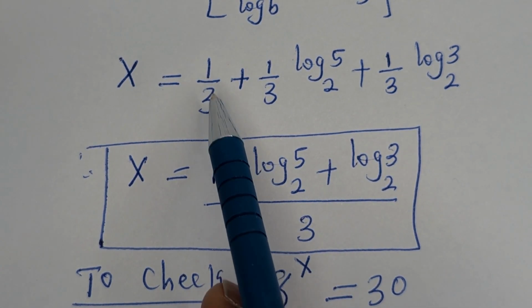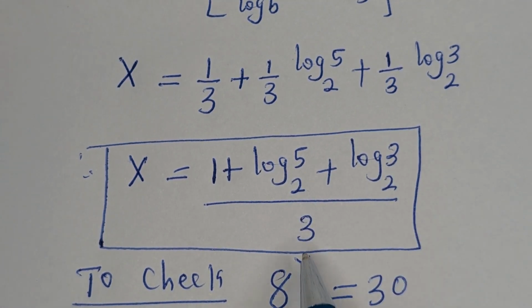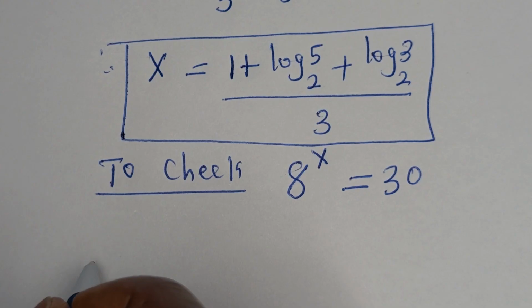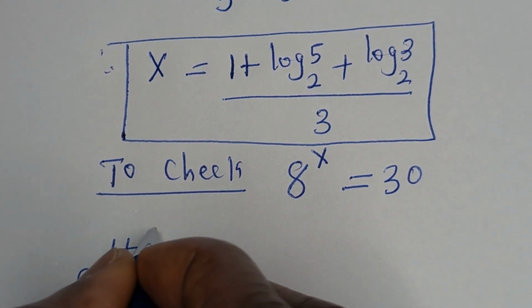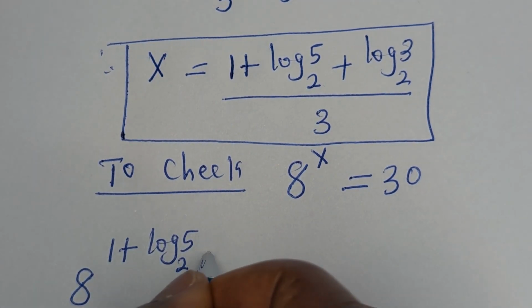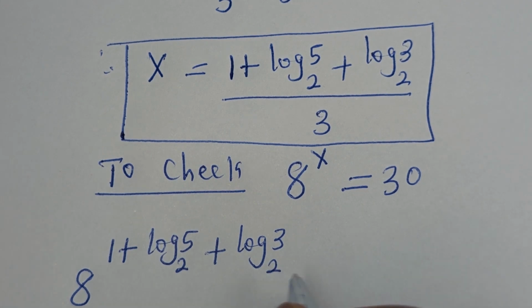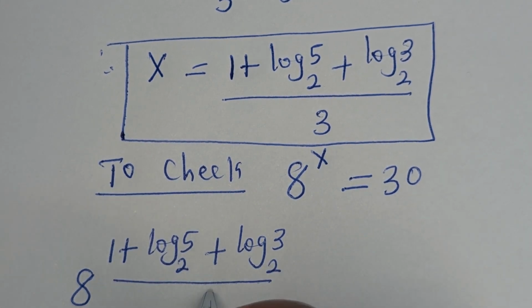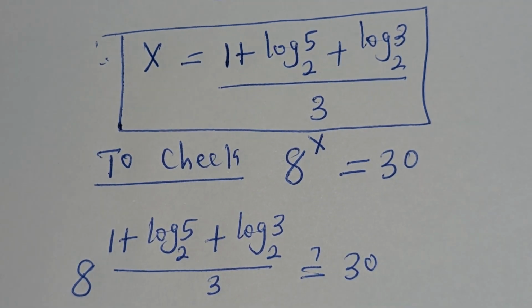Then when s is 1 plus log 5 base 2 plus log 3 base 2 over 3, here we have 8 raised to power 1 plus log 5 base 2 plus log 3 base 2 over 3 must be equal to 30.